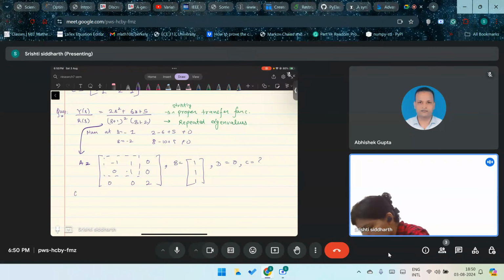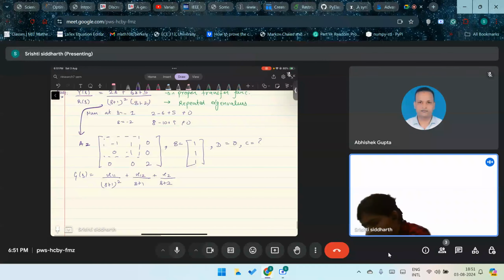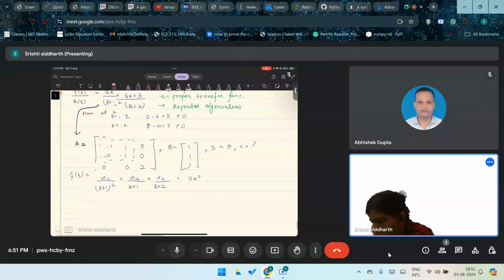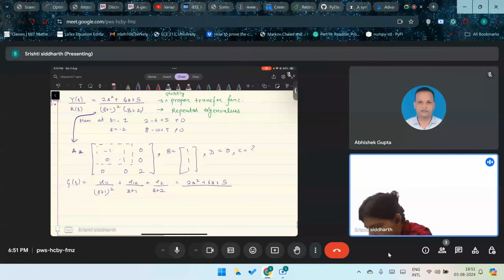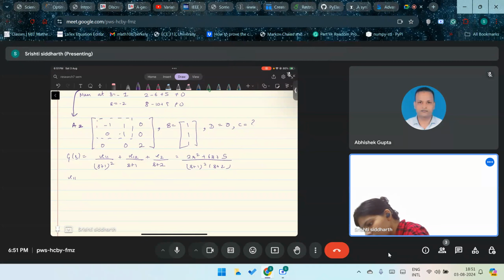So let's quickly find the partial fraction expansion. This is going to be 2s squared plus 6s plus 5 over S plus 1 squared S plus 2. So we have expanded both sides.